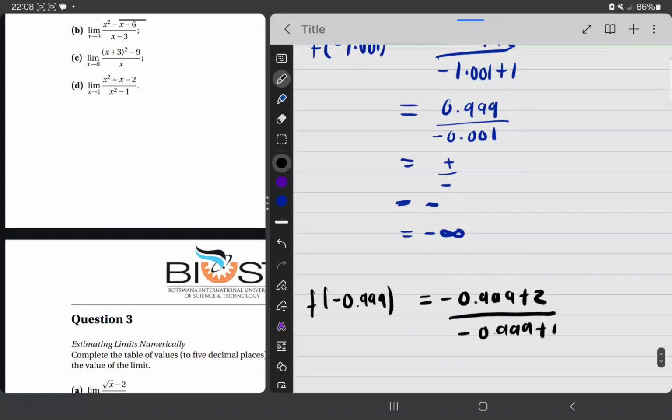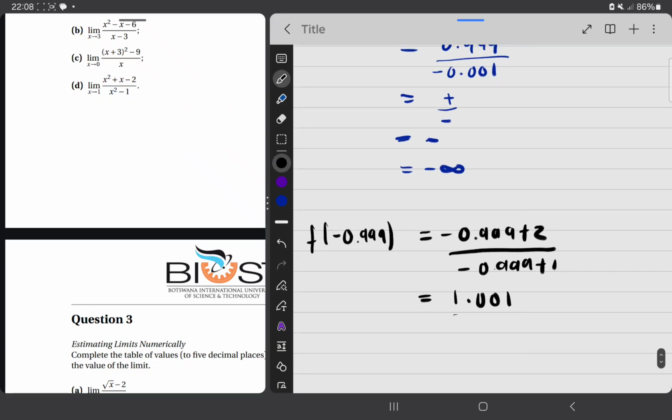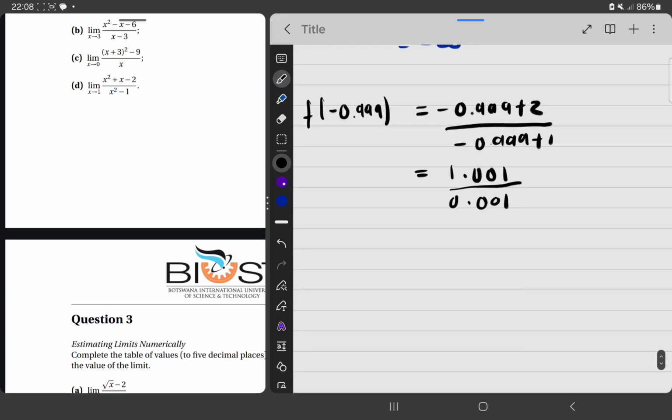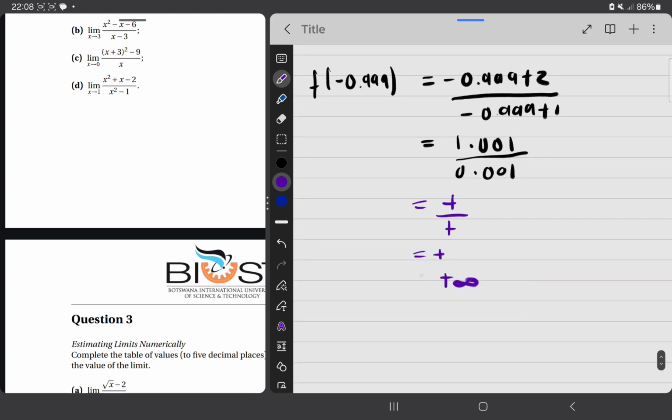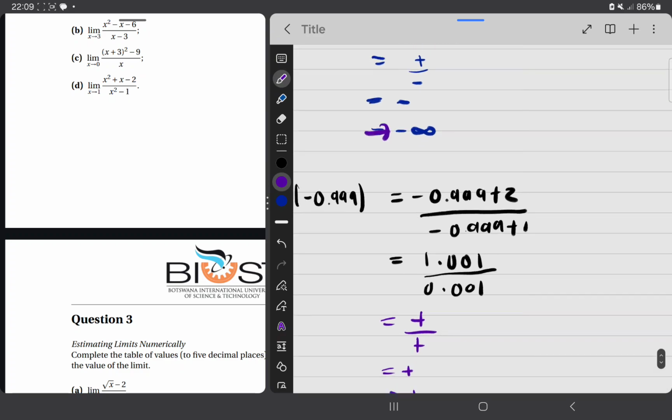Then here, what do we get? This is going to be 1.001, and over here this is going to be 0.001. That is what happens. It's going to be positive over positive, which gives us a positive sign, and therefore it means it goes towards positive infinity. This means it goes towards negative infinity.